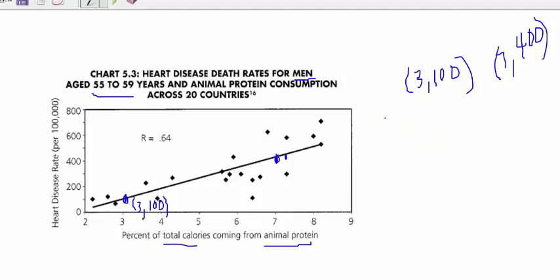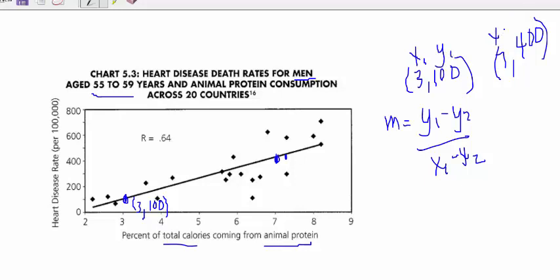If I calculate the slope, that is y1 minus y2 divided by x1 minus x2. I'll call this x1, y1, and then x2, y2. And then we have 100 minus 400, and then x1 is 3 minus x2, which is 7.